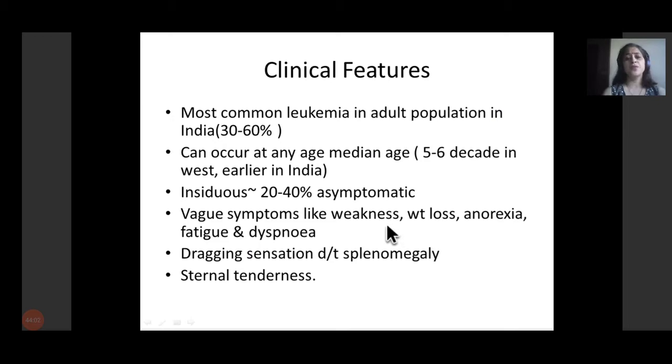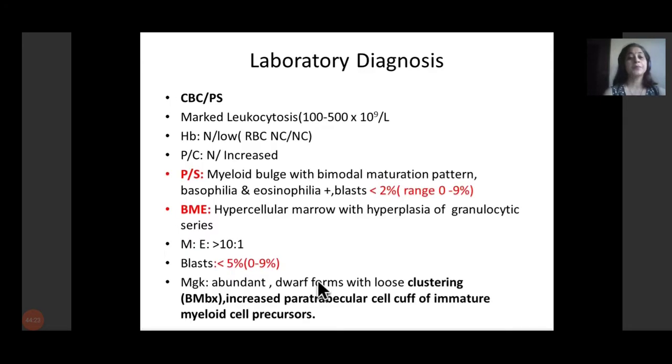Or they can come to the general OPD with just weakness, fatigue, exertional dyspnea, some weight loss and loss of appetite, and they can go to the chest OPD or to the cardiac physician with the complaint of chest pain or sternal tenderness.